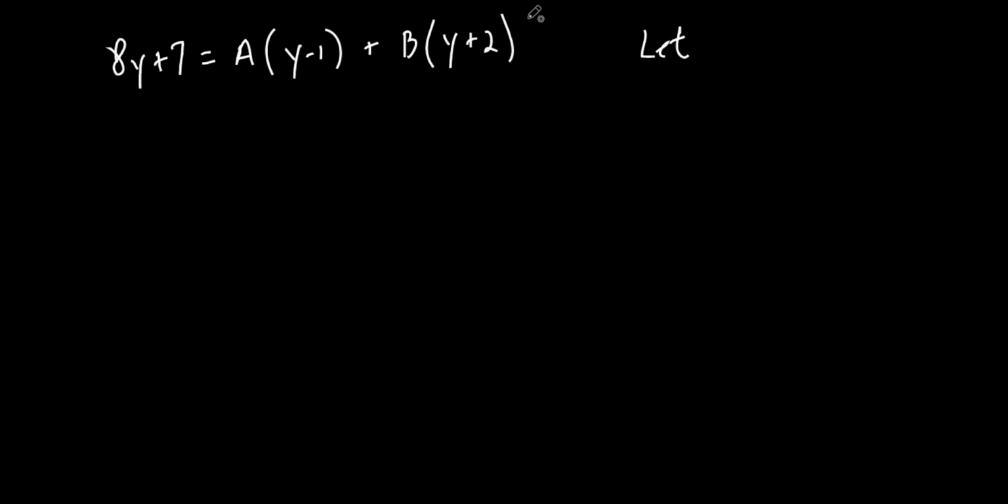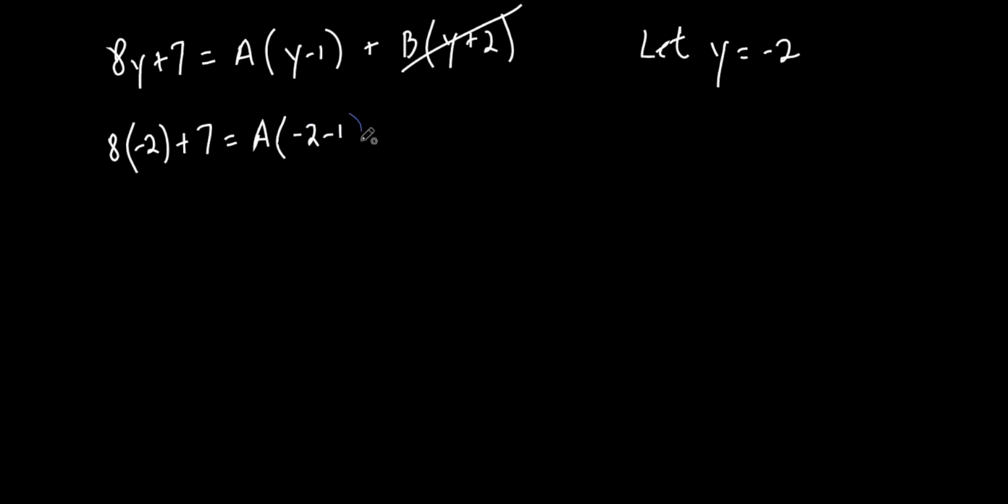If I get rid of the B, what do I let y equal? Negative 2. Very good. All right, so if I let y equal negative 2, that's negative 2 plus 2, which is 0, times B is 0, so that'll go away. But I've got to put that negative 2 in for the other y's as well. Okay? So 8 times negative 2 plus 7 equals A times negative 2 minus 1.